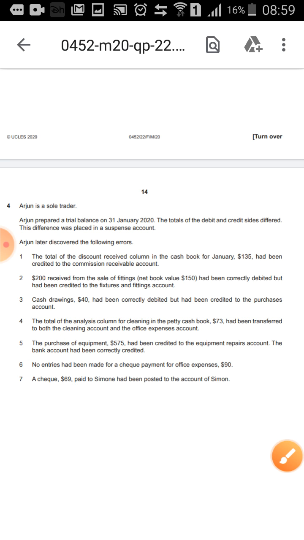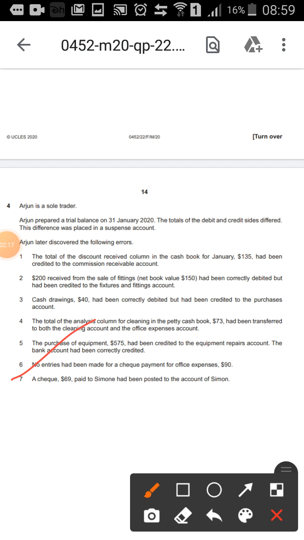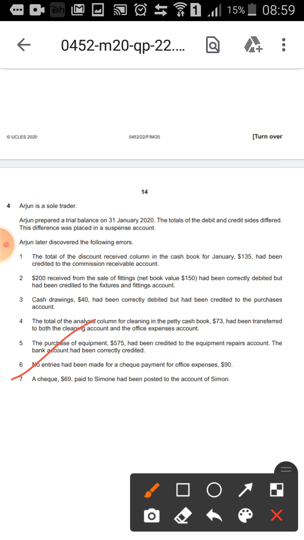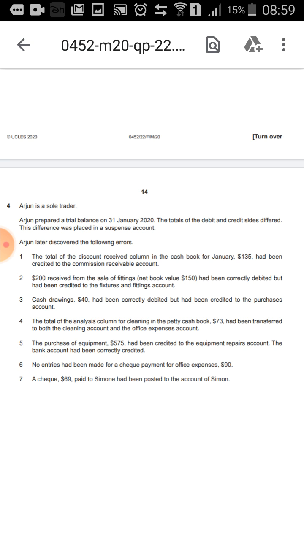So this office expenses, one minute. Since the expenses are increasing, the profit will go down, and when profit goes down, capital will also. Wait, these are not only entries related to assets and liabilities that you're going to consider for increase and decrease in capital.